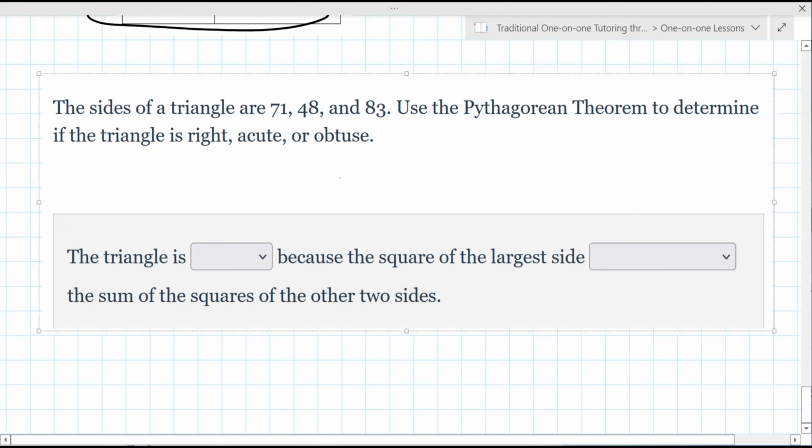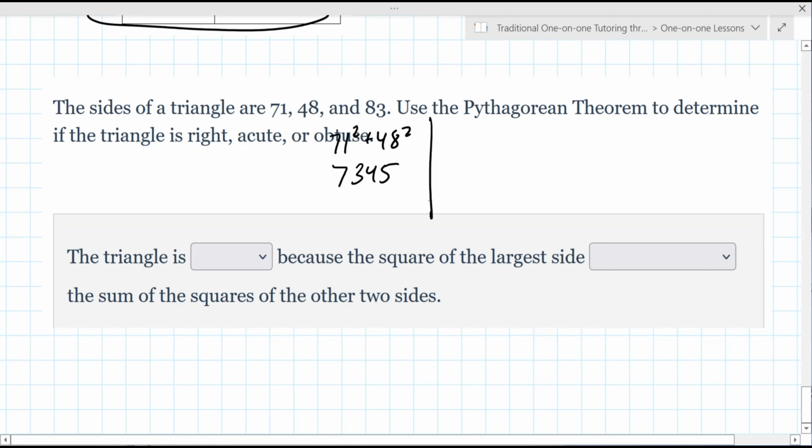Did you get 7,345 for 71 squared plus 48 squared? Yeah. And then what did you get for 83 squared?